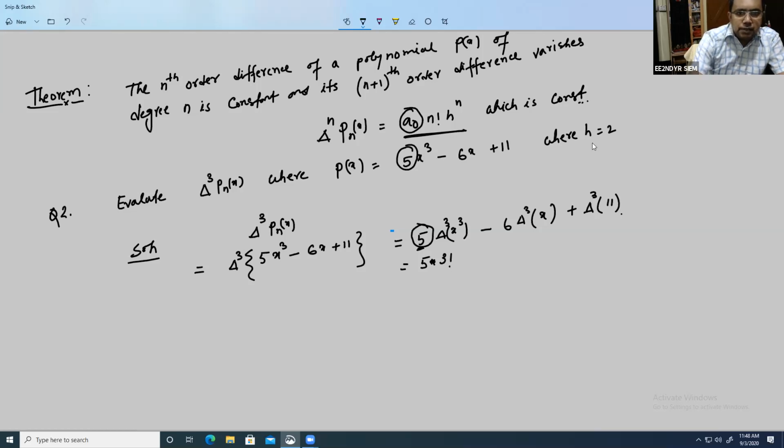What is my step size? Step size h equals 2, so 2 to the power n, with n equal to 3. If this is del to the power 3, it exists only when the power is 3. Less than that, if it is 2, the value will be 0, and the derivative of a constant is definitely 0. So altogether your value comes to around 240.